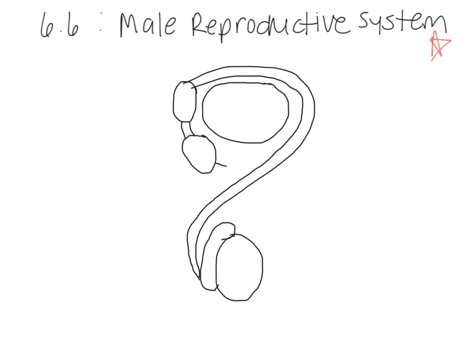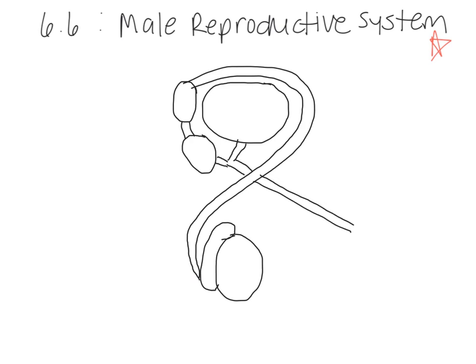All right, then that tube is going to exit there. It is also going to join with a tube from the urinary bladder. Now, fear not, the urinary bladder and the ejaculate don't come out at the same time. There are mechanisms to ensure that that does not happen, but they do share one single exit tube called the urethra.